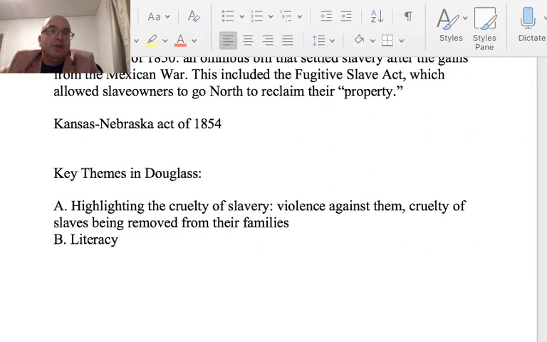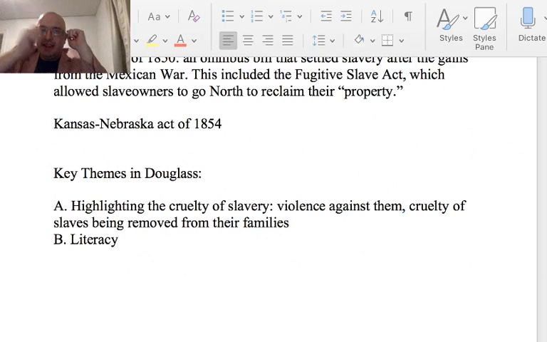If they became self-aware of their condition, if they read ideas from different people, that could cause them to be discontent. Right? That could cause them to want to run away, or realize the injustices that are being done to them. So it was important for the slave owners to keep their slaves from being able to read.